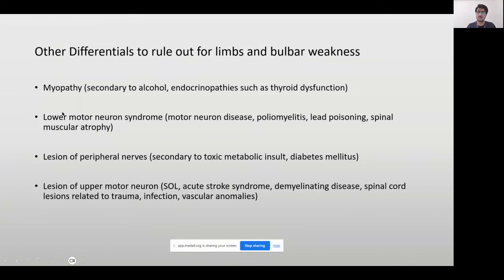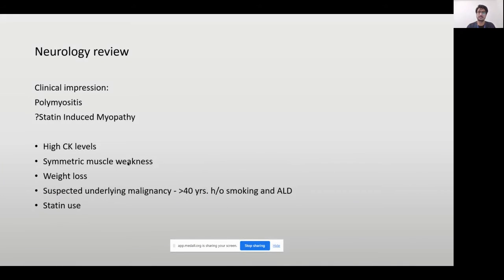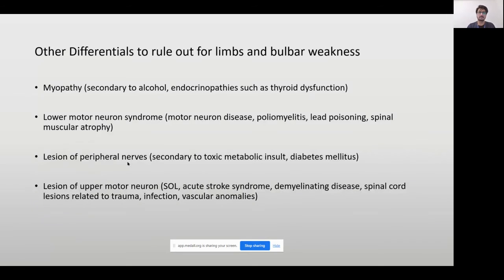Lead poisoning or spinal muscular atrophy. Less likely, I was thinking it could be a peripheral nerve disorder, but it was very low in my differentials. More so it was polymyositis and steroid-induced myopathy.